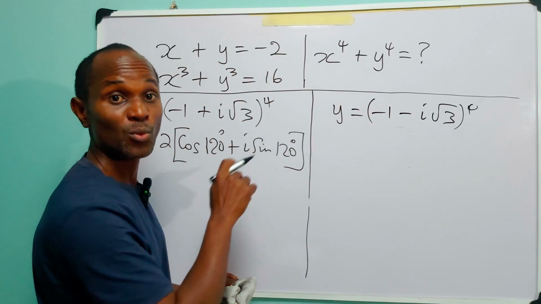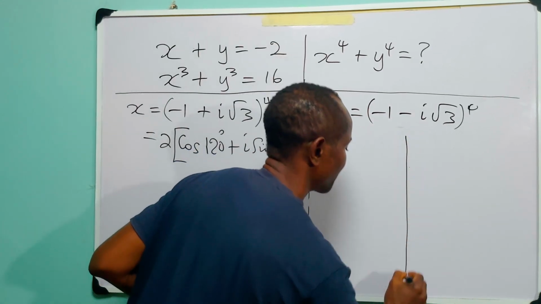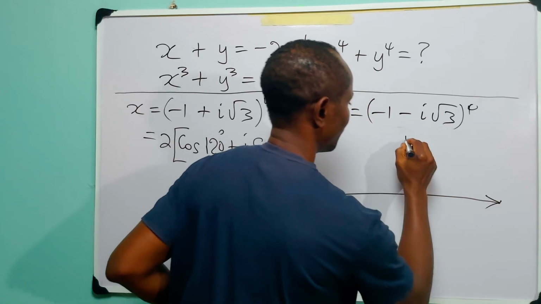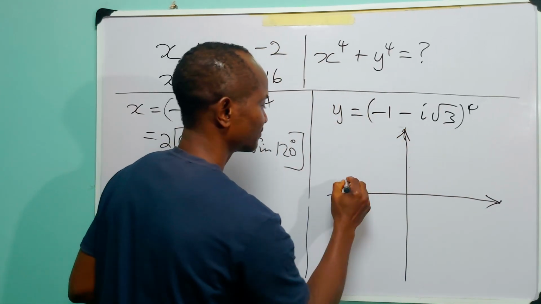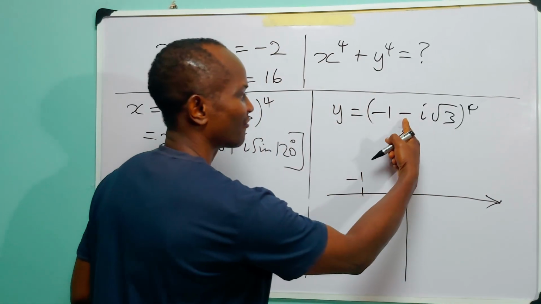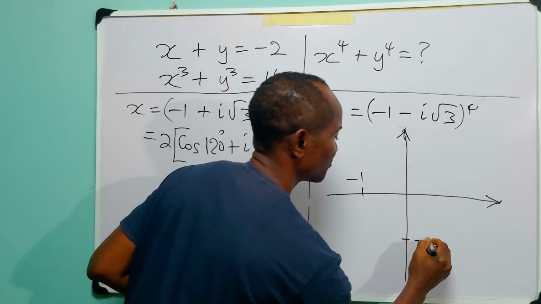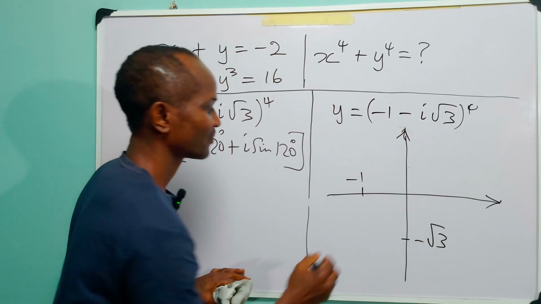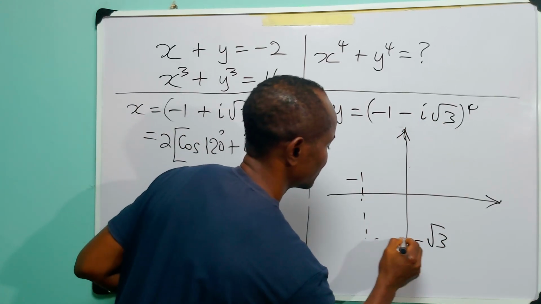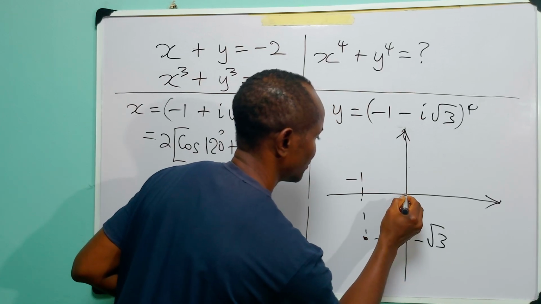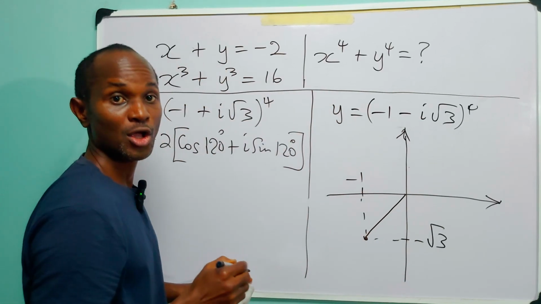Once more, we represent y on the complex plane. Here we have minus 1, and here we have minus root 3. So the complex number is this.